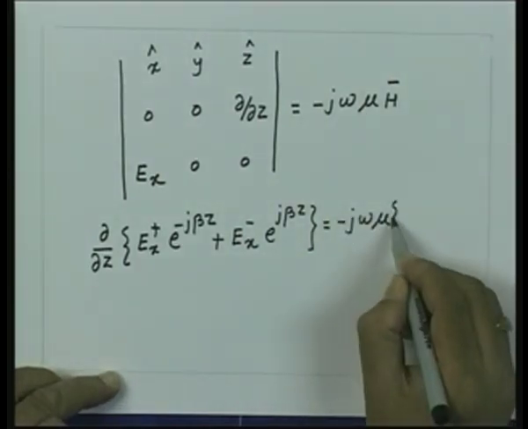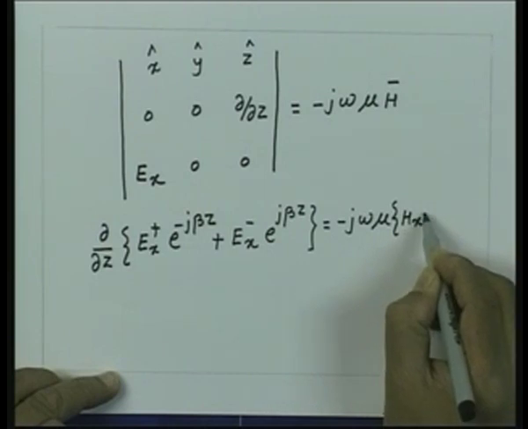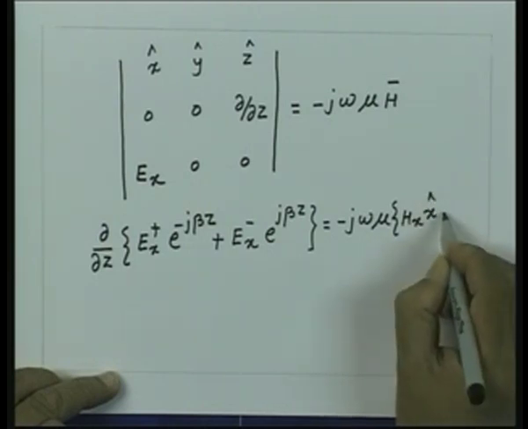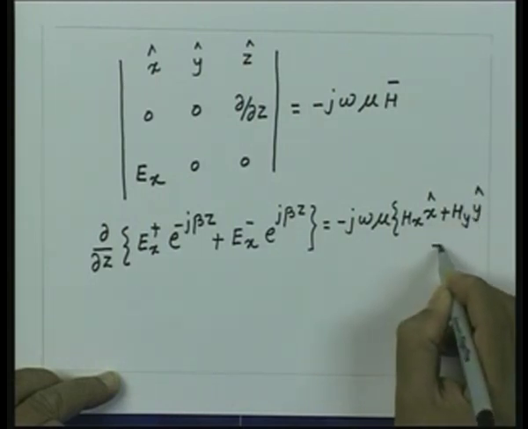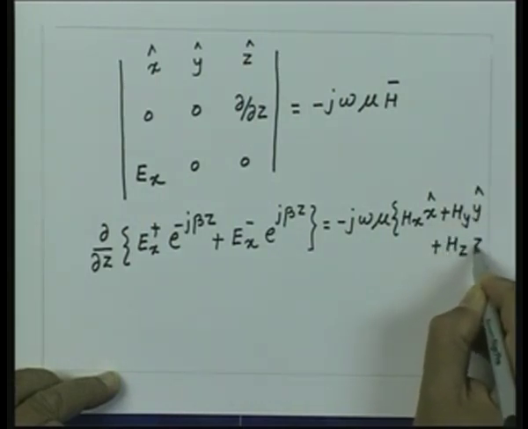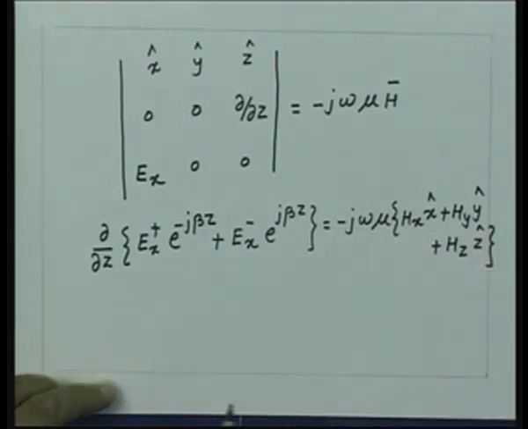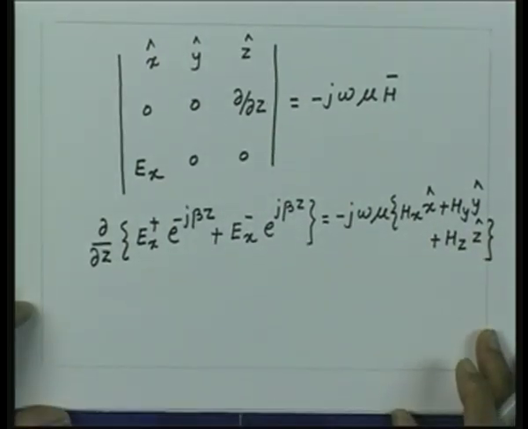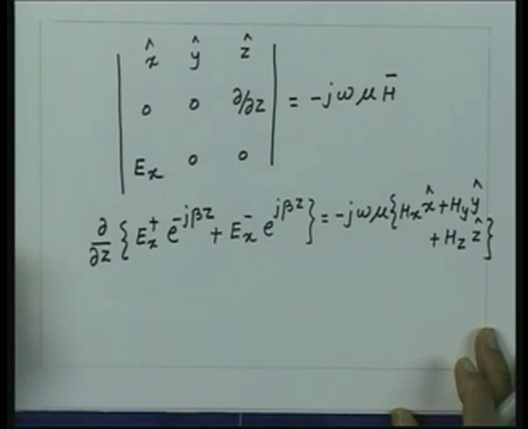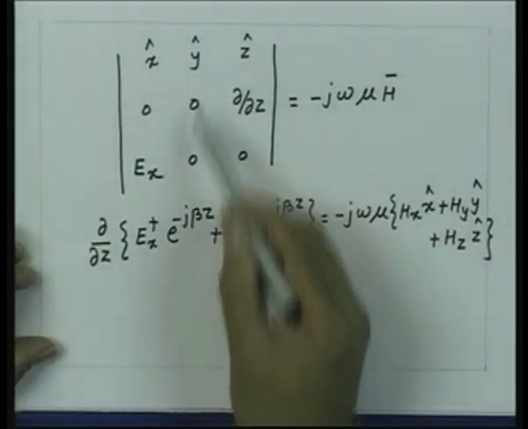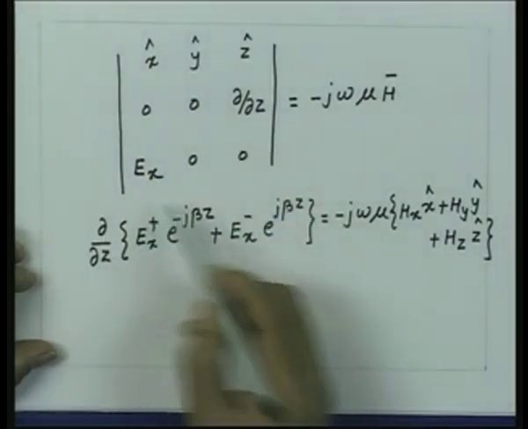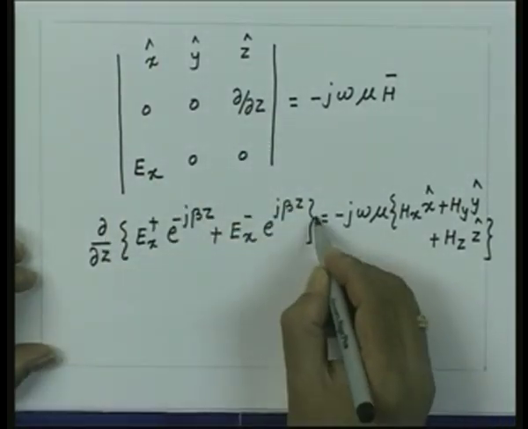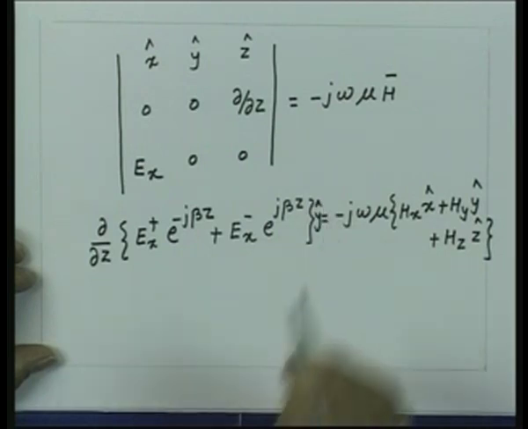So, that is Hx x plus Hy y plus Hz z. And this component, as we have seen earlier, this is d by dz of x, this is the y component.